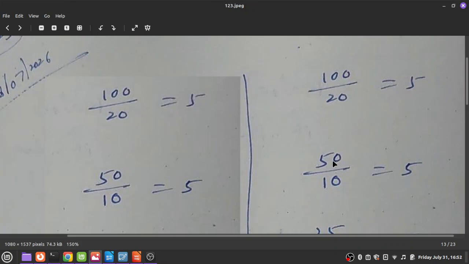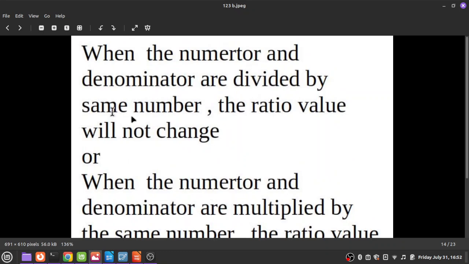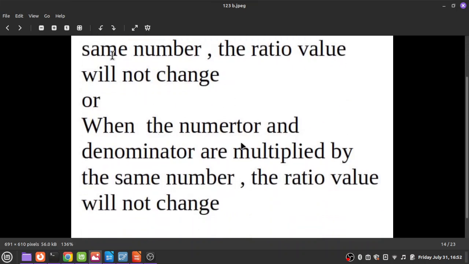Or when the numerator and the denominator are multiplied by the same number, the ratio is constant. That is why this important statement is given here. When the numerator and the denominator are divided by the same number, the ratio value will not change. Similarly, when they are multiplied by the same number, the ratio value will not change.